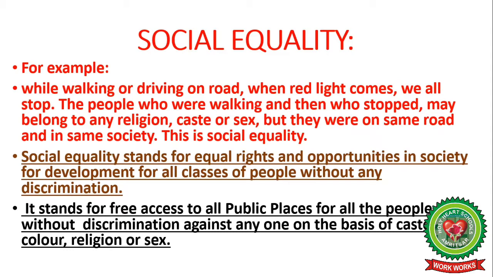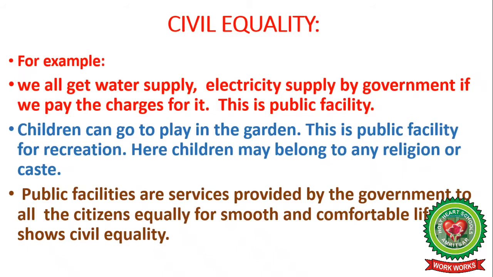Red light means all will stop. So it is without any discrimination. It stands for free access to all public places for all the people without discrimination against anyone on the basis of caste, color, religion, or sex. Next is civil equality.